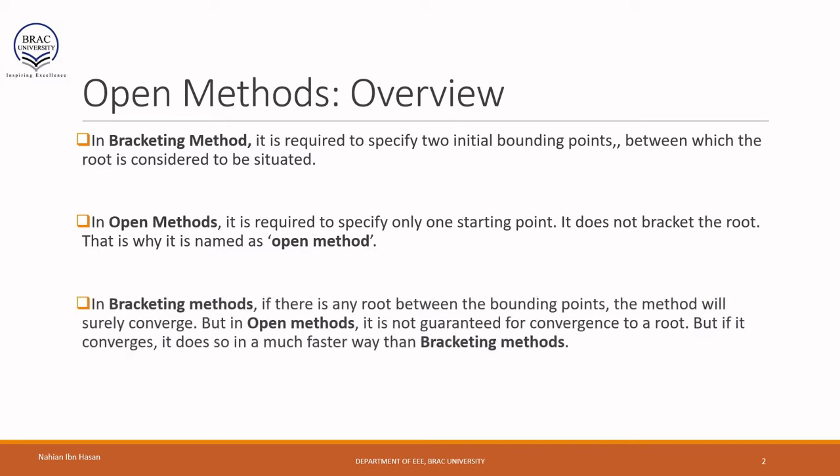The open methods do not ensure convergence to a root. Since there is no boundary and there is only the initial point, there is no assurance that you will converge to a root. In bracketing methods it was ensured, but in open methods it is not ensured that you will find the root, and that's why they are much riskier than the bracketing methods, but open methods are much faster than the bracketing methods.